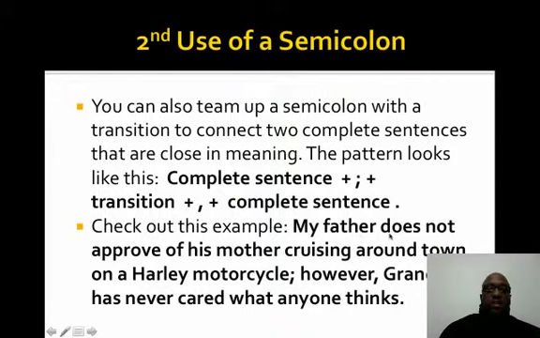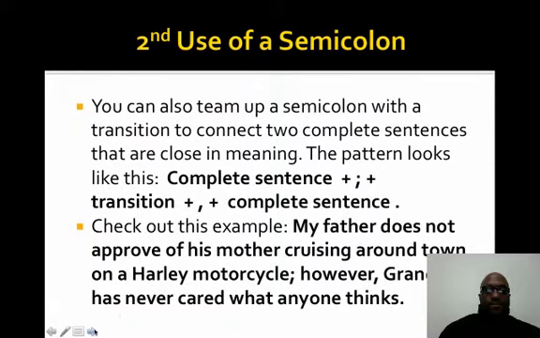My father does not approve of his mother cruising around town on a Harley motorcycle; however, which is your transition word, Grandma has never cared what anyone thinks. So in the second use of a semicolon, I combined two complete sentences with a transition word to give me one complex sentence.